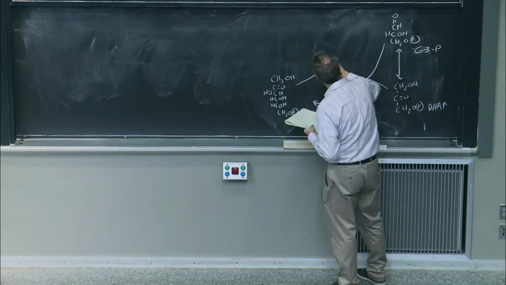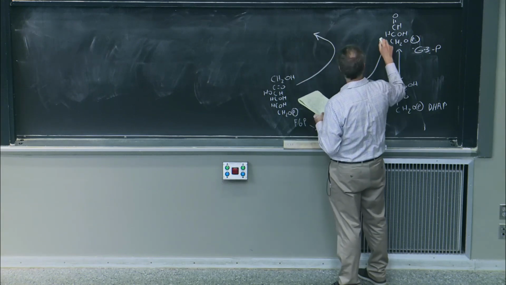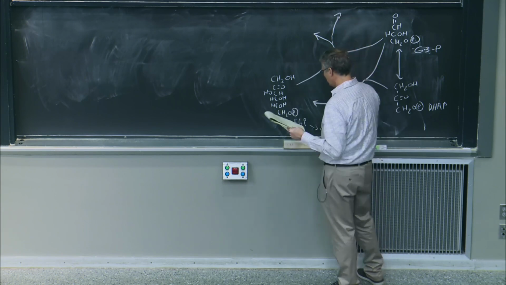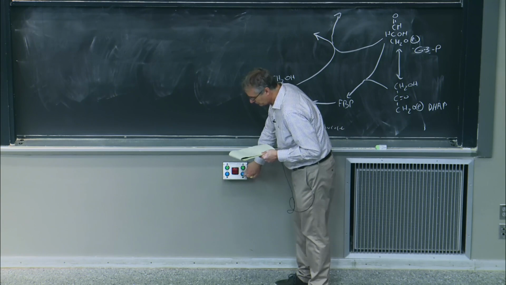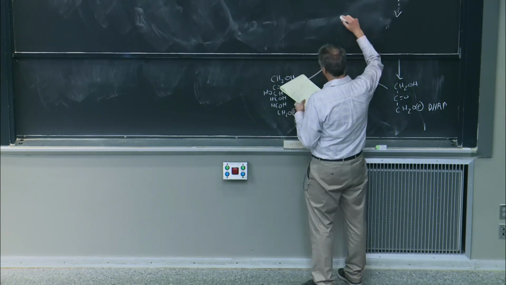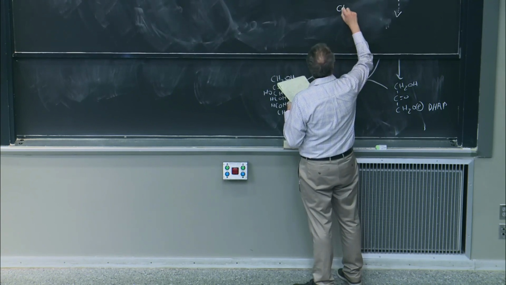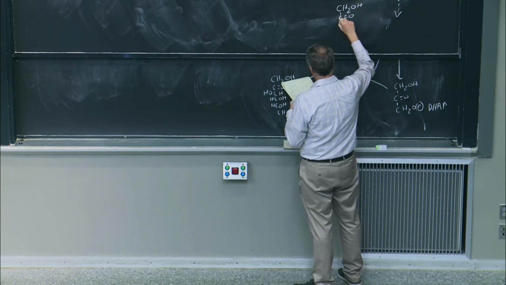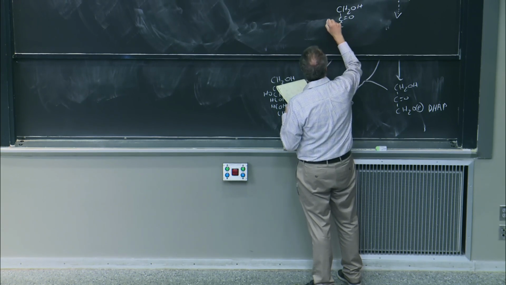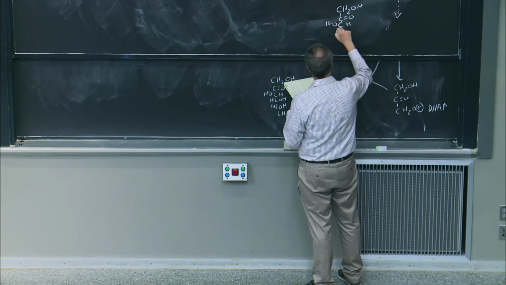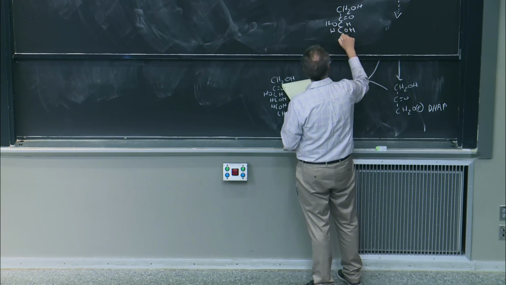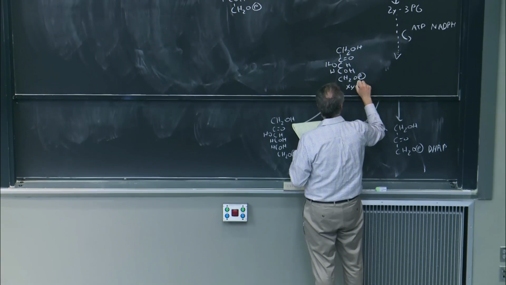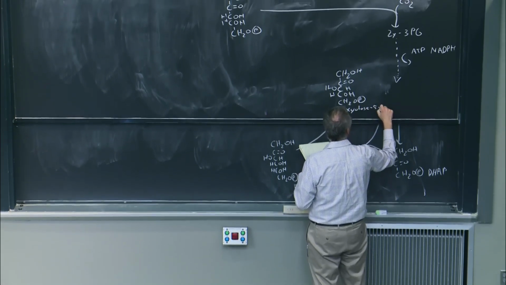So now let's use our fructose 6-phosphate and our glyceraldehyde 3-phosphate. All right, so I can generate a 5-carbon sugar called xylulose 5-phosphate.